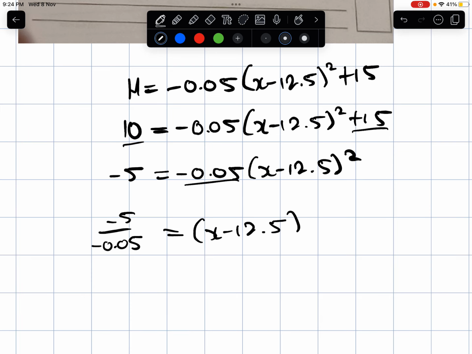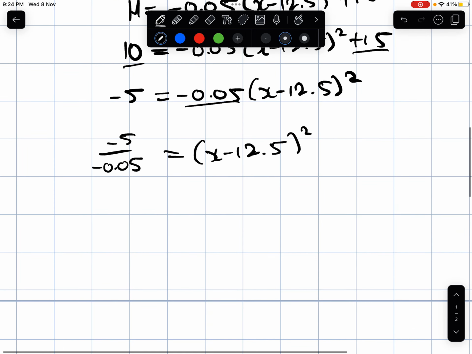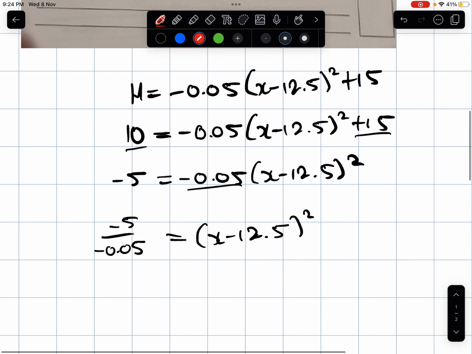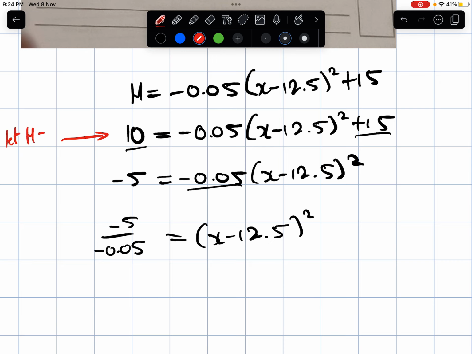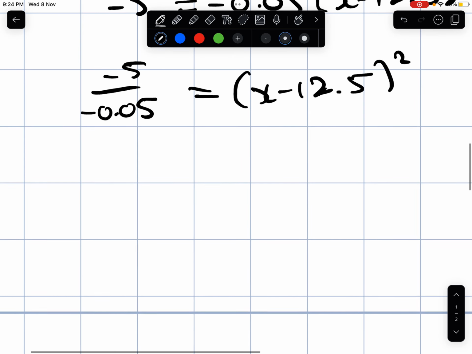So this is all just algebra basically from when you understand what you're first trying to do. This first step here, letting h equals 10, is probably the hardest step because you need to work out that that's what you're supposed to do. And the rest of it's just algebra working it out.